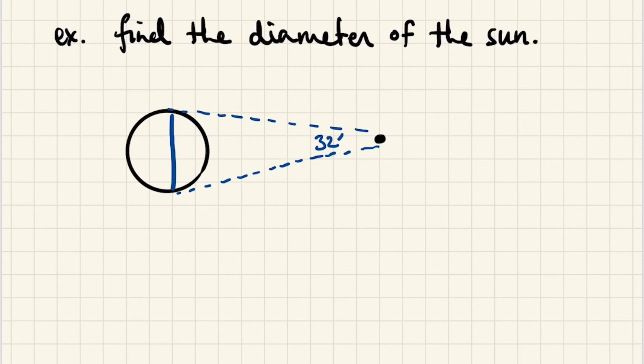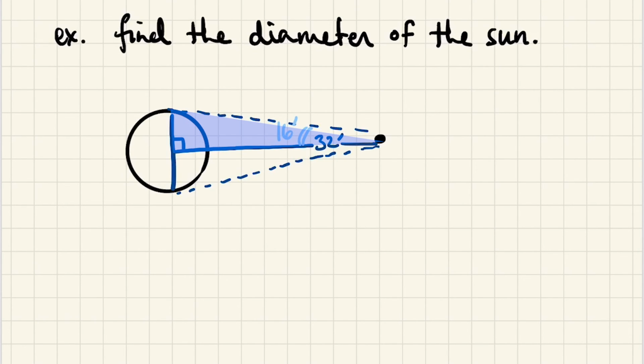Okay. Well, in order to do this, we're going to need to build a right triangle. So why don't we just cut this in half? That cuts our angle in half to 16 arc minutes, which would be about 1/4 of a degree. And you can see we now have a right triangle. We can use trigonometry.